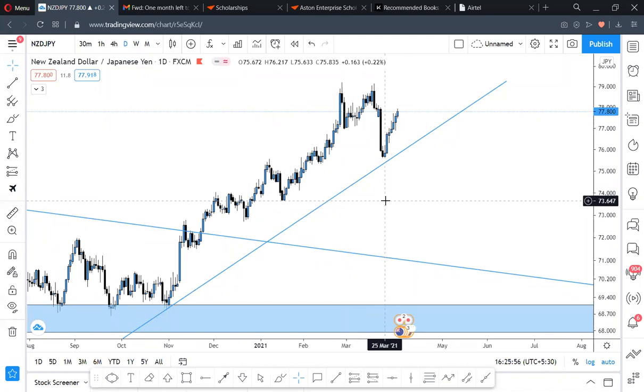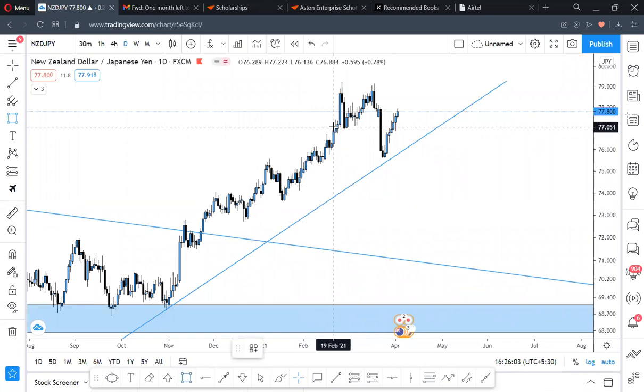On the daily, we saw a breach of this strong zone, which is our higher low, a breach of it and a move back into it. And price is currently resting at a bearish order flow zone.